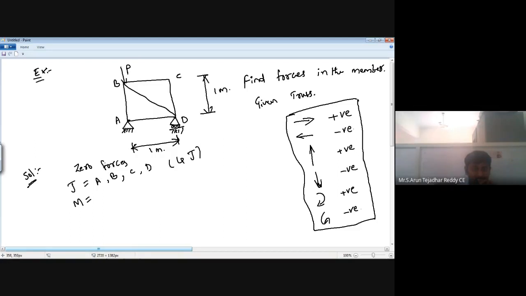If you take joint A, from A to B one member is acting, and from A to D another member: AB, AD. Next, if you take joint B: BC, BA, BD. BA means AB is already completed. So further, BC and BD.